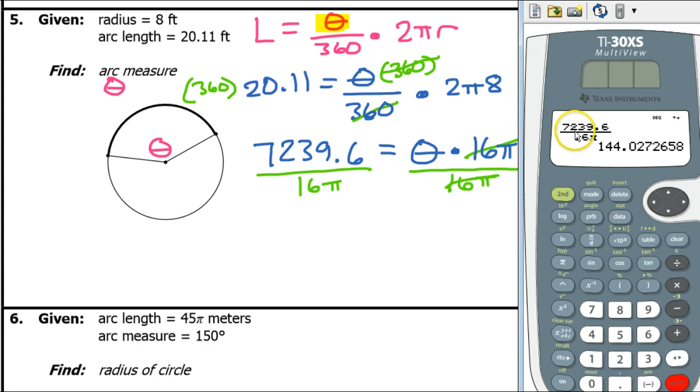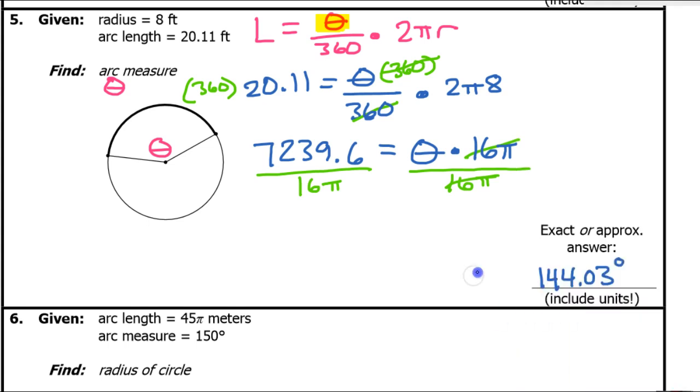I want to point out one thing to you in this video. A common mistake I see on this problem is when students want to divide this numerator by this denominator, sometimes they do this: 7,239.6 divided by 16 pi. And they get the wrong answer. That's not what we had right here.